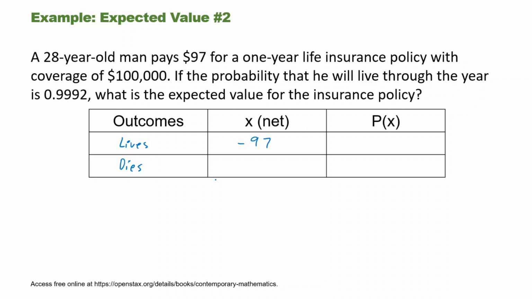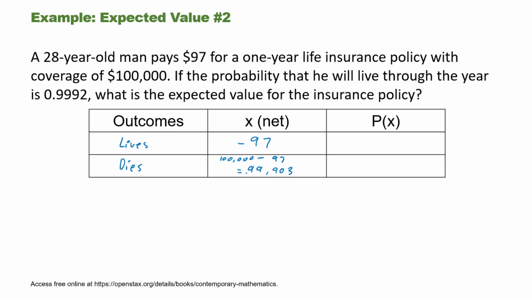Now, the numerical value for dying here is not, again, $100,000, because the insurance company will pay out $100,000 to whoever his beneficiary is, but $97 has already been paid. So let me just write this here. $100,000 minus $97 that he's already paid results in a total net gain of $99,903.